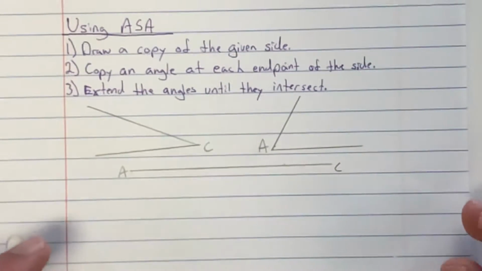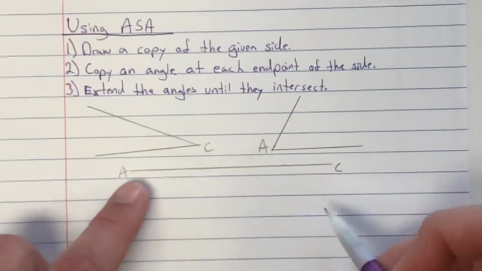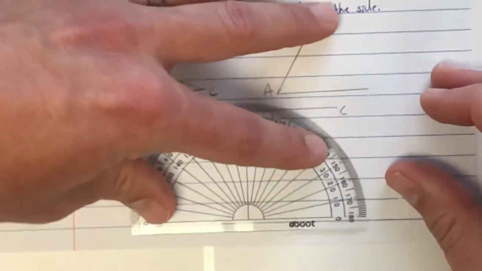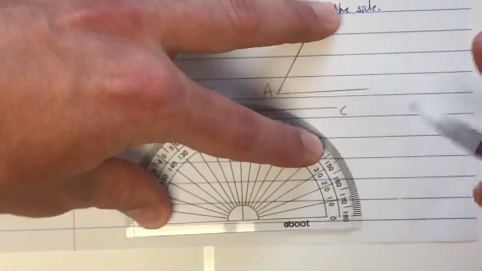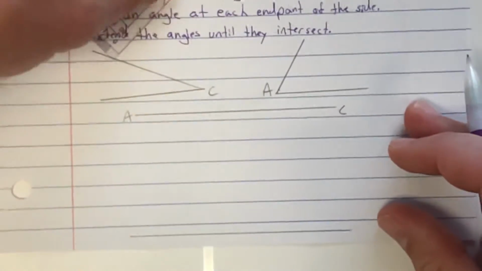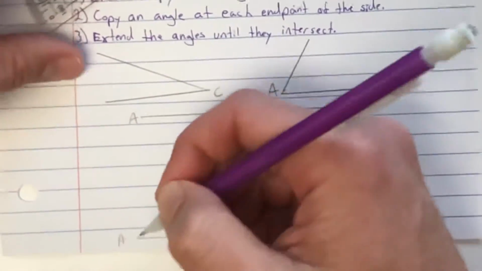In order to do this, the first thing I need to do is draw another AC. So I'm going to go down as far as I can go on my paper here. And I'm going to draw a line segment that's going to be AC.